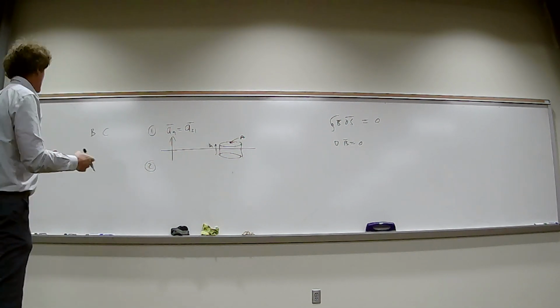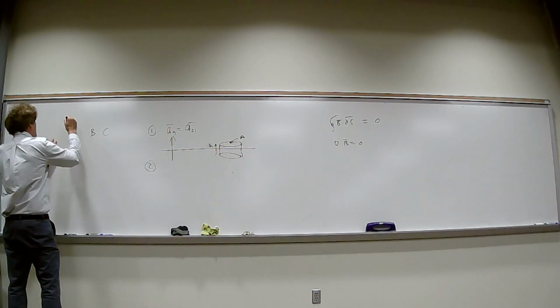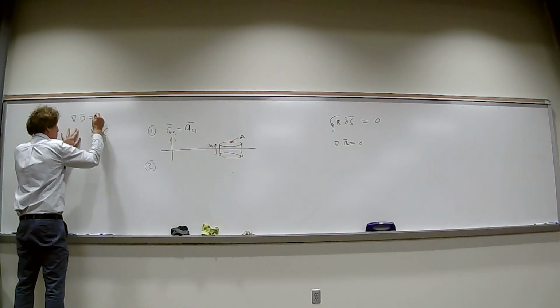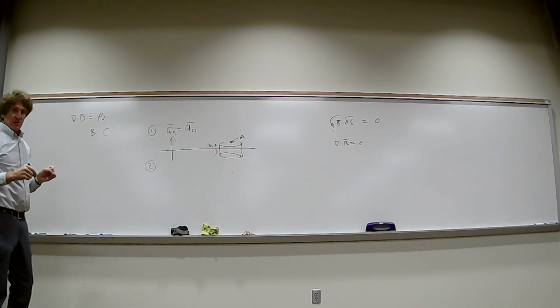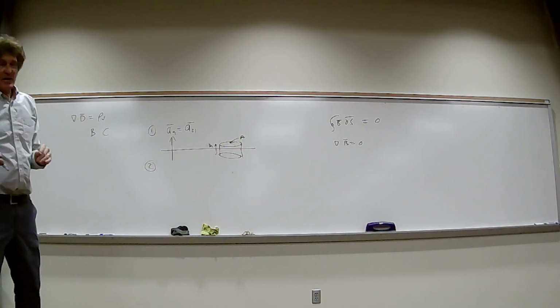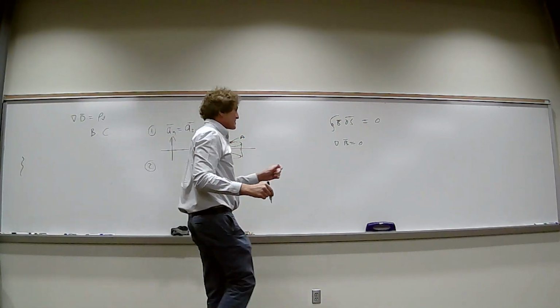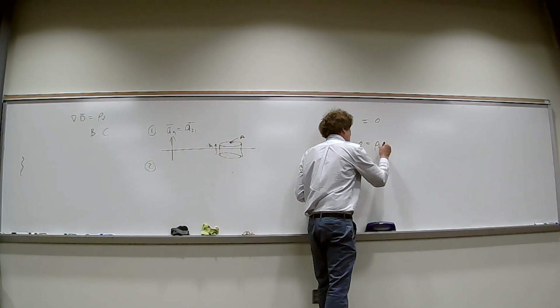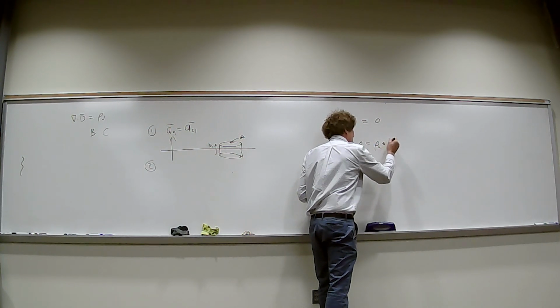Think about div D. When we had divergence of D, what was that equal to? Rho V, the volume charge density, right? Well, think about this. This suggests that there could be a magnetic charge density, right?